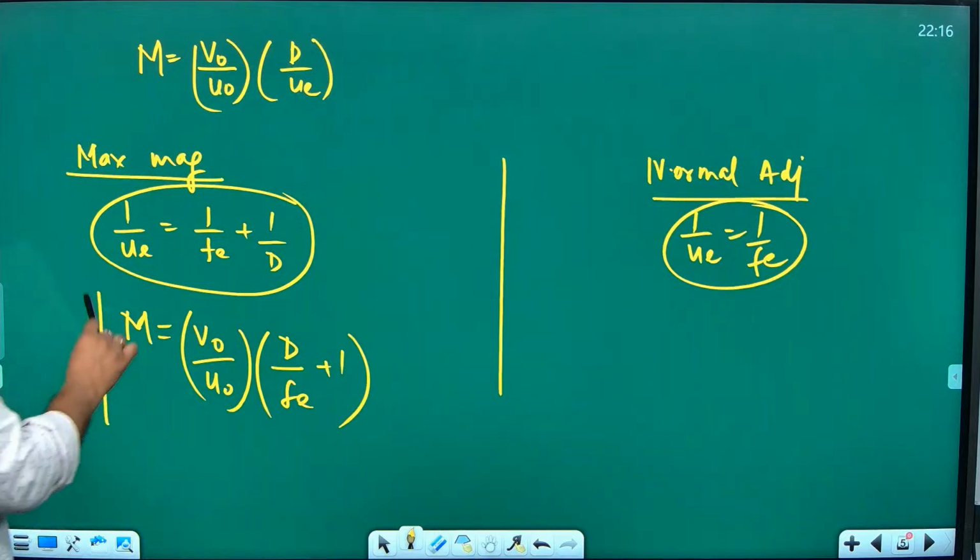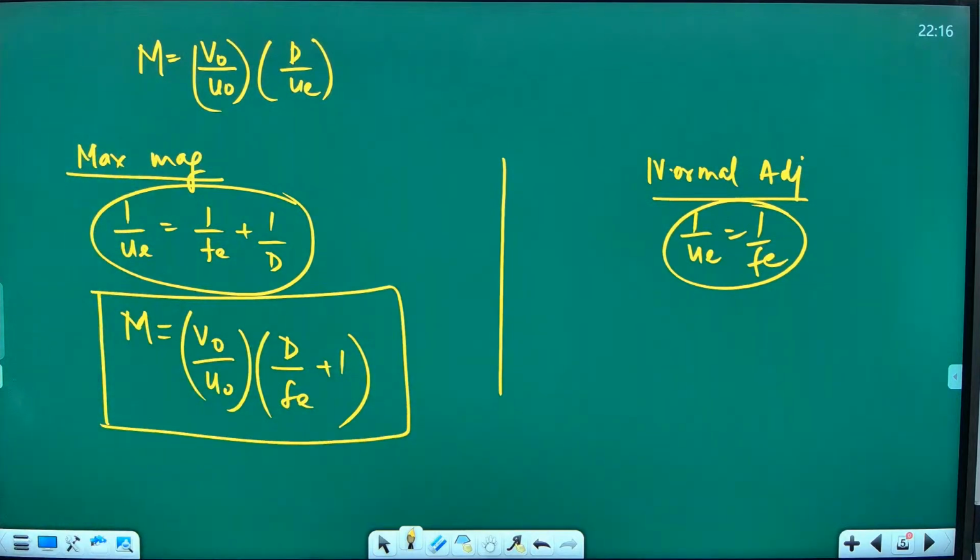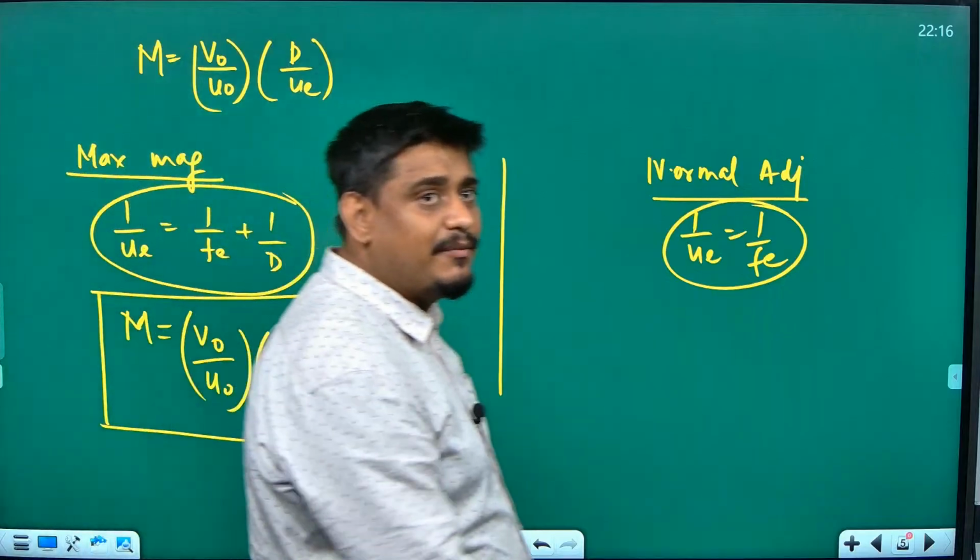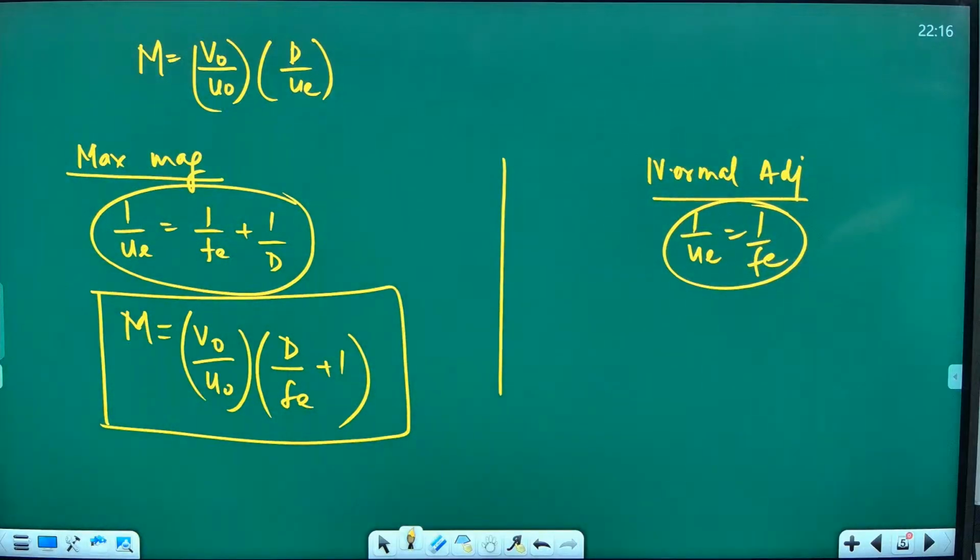D by Fe plus 1 is the magnification, that is Vo by Uo into D by Fe plus 1. This is the magnification of a compound microscope for maximum magnification.